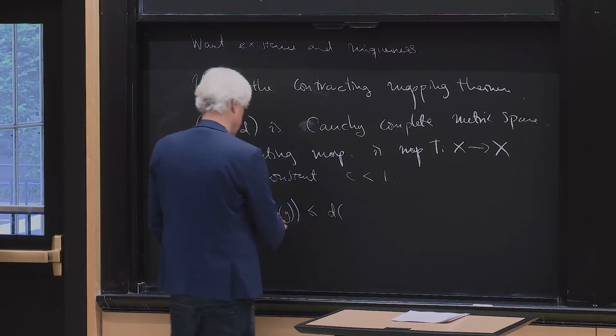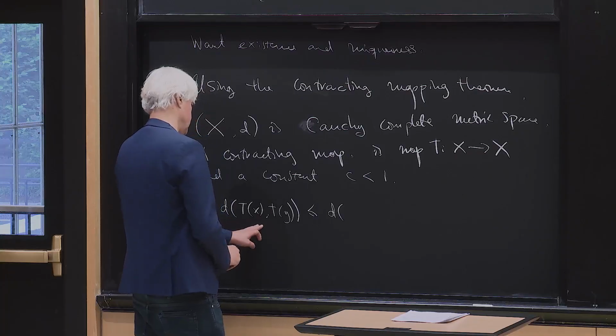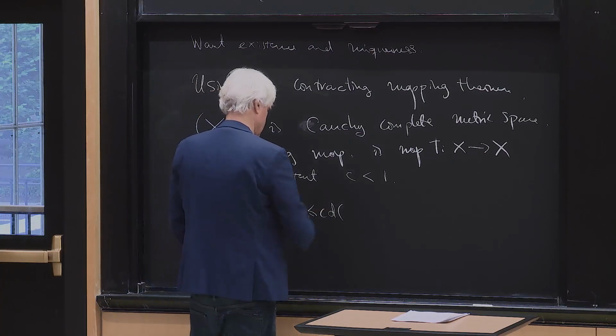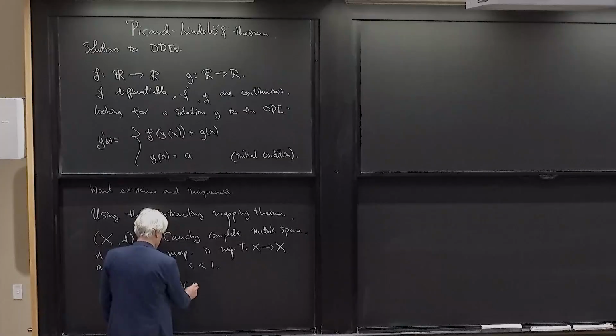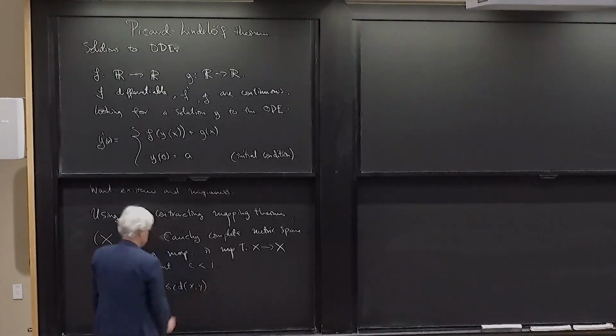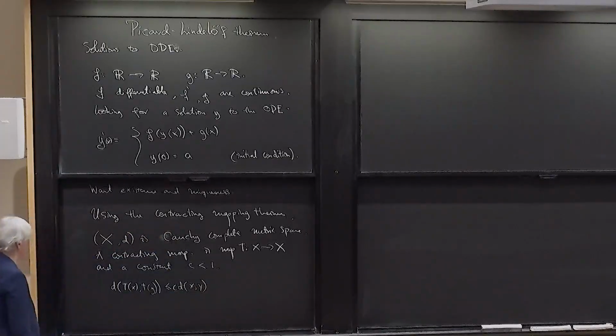This means that the distance between the images is this constant that is strictly less than 1 times the distance between x and y. So this is a contracting map.